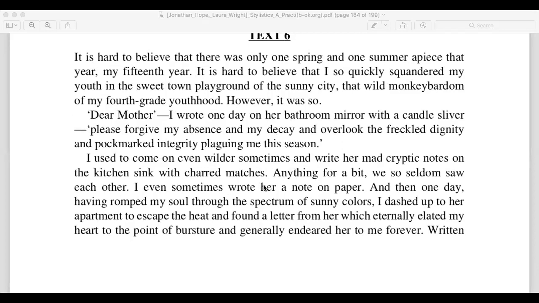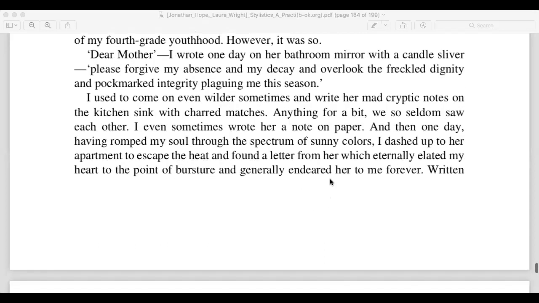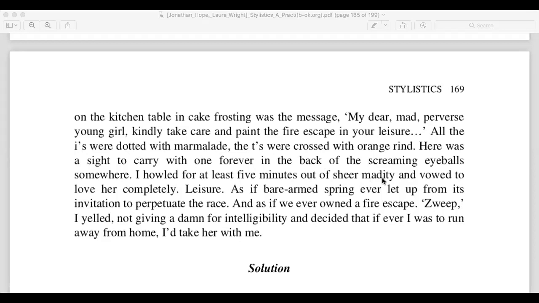So we come here: side of forever, back screaming eyeballs, I howled. This word, madity, sheer madity. Now, this is taken from mad, and he uses this ity to show madness. So there he coins a new word to tell about how crazy he was.